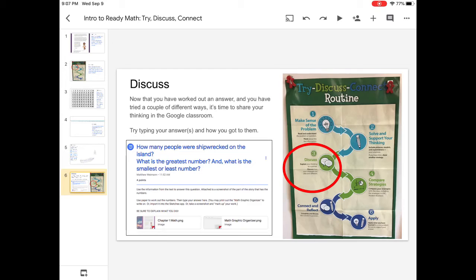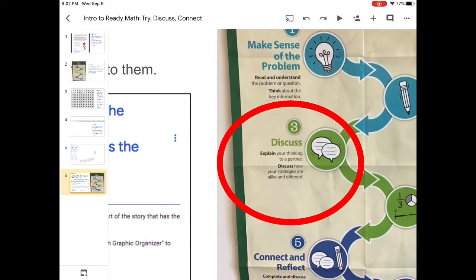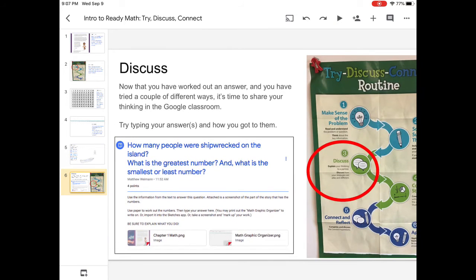Finally, you're not done just because you solved the answer and you know the greatest and smallest number of survivors. The next thing you have to do is discuss your math, okay? You have to discuss what you did. And how are we going to do that? Well, for this particular problem, you will be typing what you did and what you came up with in the Google Classroom.